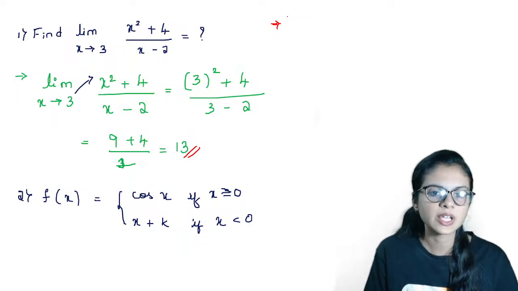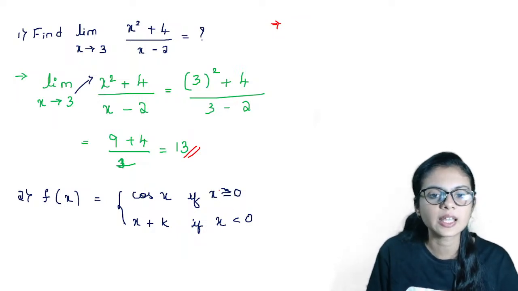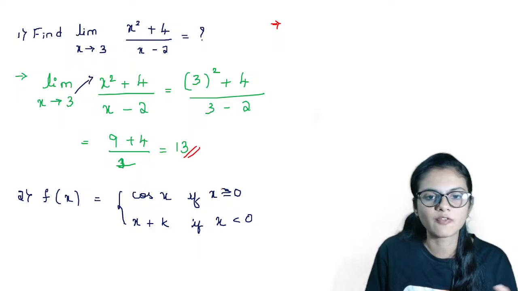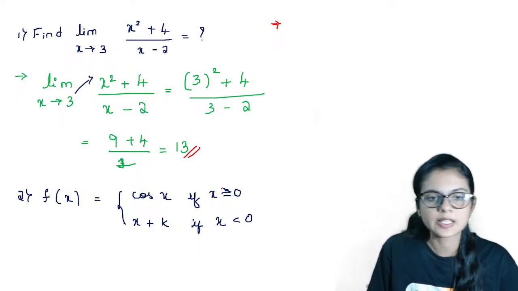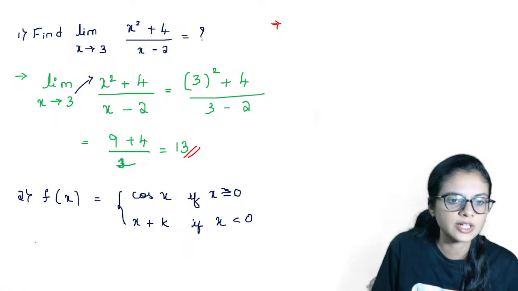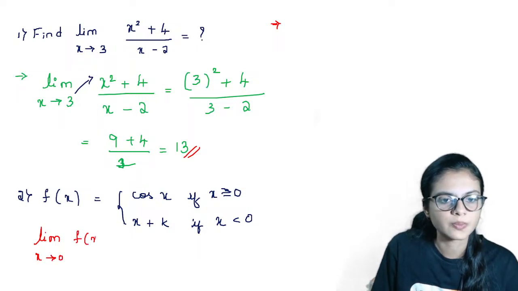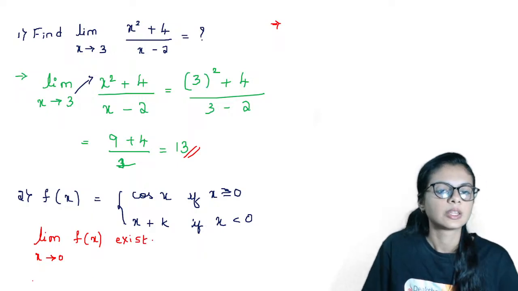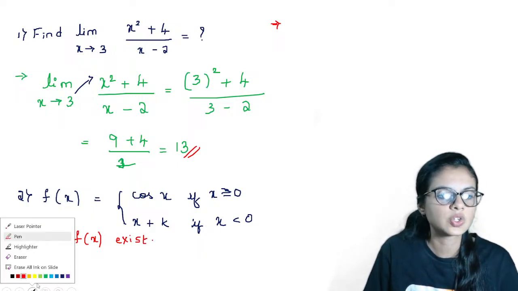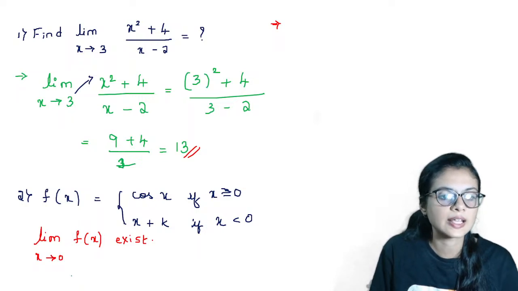See here, x greater than 0, so the value is more than 0 and the function is approaching. In the question it's given that limit x tends to 0 f of x exists.